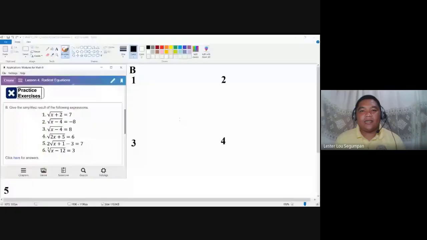So here are the 6 different items as compared to the items given in the previous video. You may check the previous video first before viewing this one, so that you will be guided on the different processes.